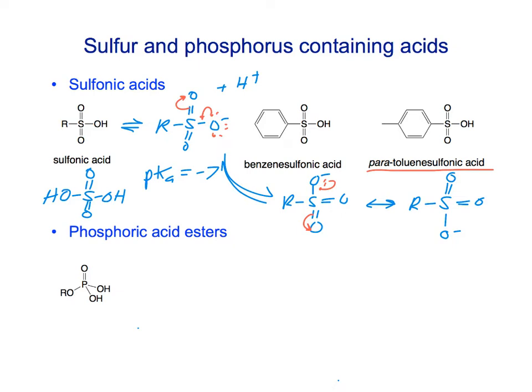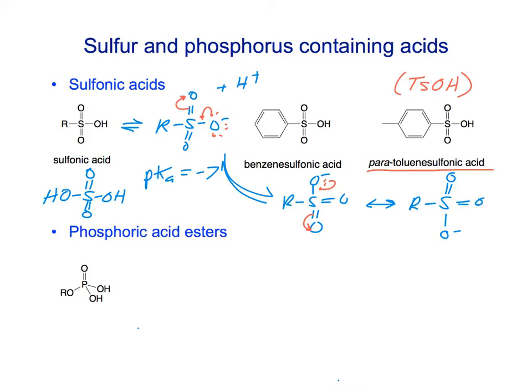And we sometimes abbreviate this with a TS, so tosic acid. So we've seen this kind of group before, right? What was that? Hydration. In the hydration, right? We could use tosic acid just as an acid catalyst.